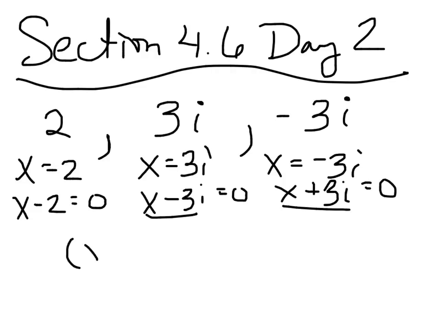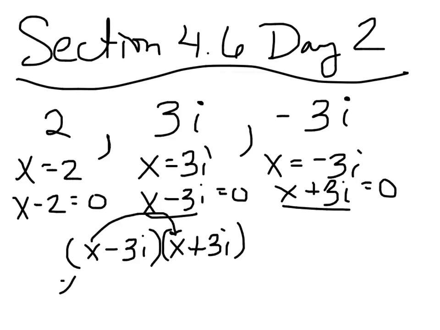So when you multiply those together, x minus 3i times x plus 3i, FOIL it out. What's x times x? What is x times positive 3i? 3ix. Very good. What's negative 3i times x? Negative 3ix.